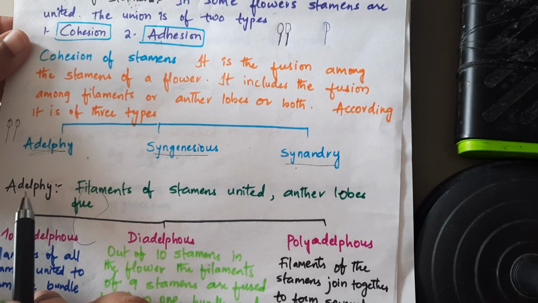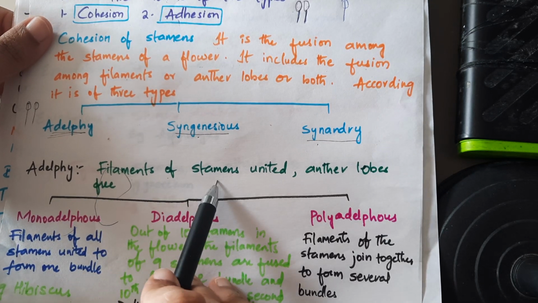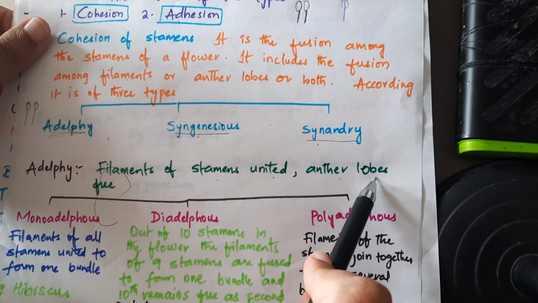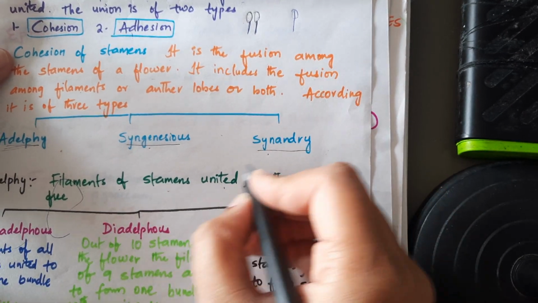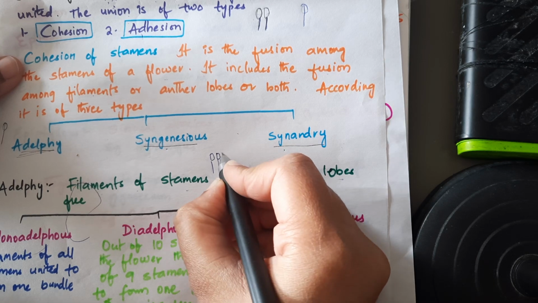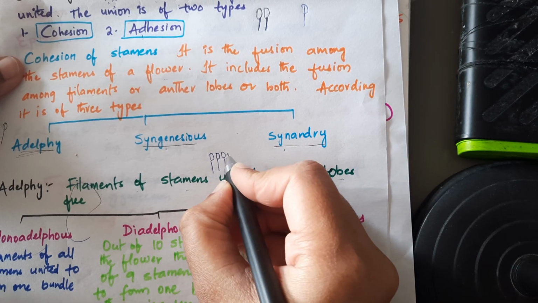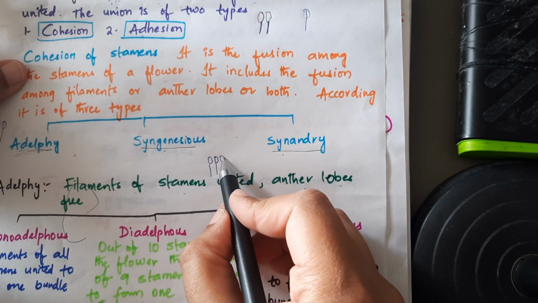First one is the Adelphi. What is Adelphi? Filaments of the stamens are united and anther lobes are free. What does it mean? See here, if we draw the stamens in this form, this is the filament, and these are the anthers, the anther lobes.